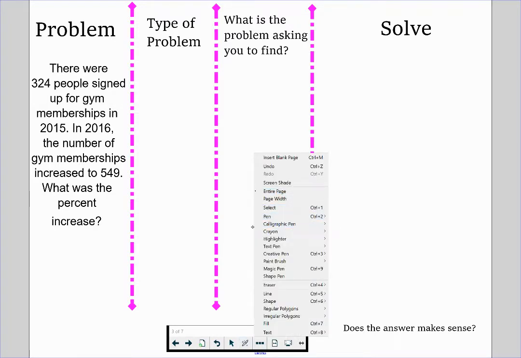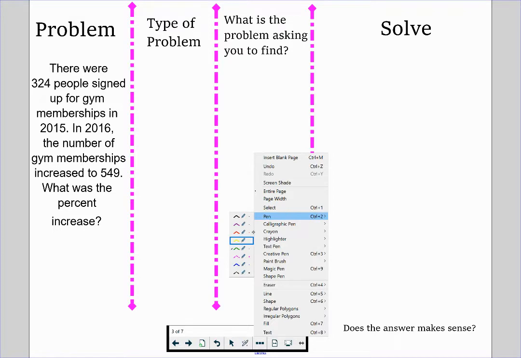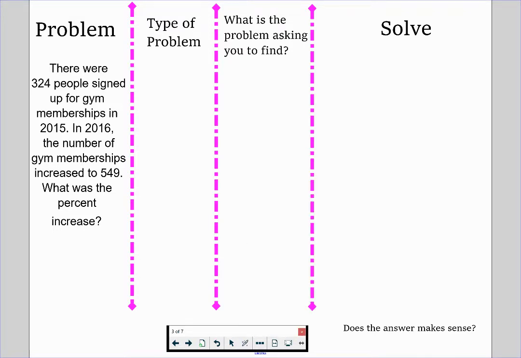On this one, we are told really what we're supposed to be figuring out. The type of problem is listed right here. The type of problem that we're doing is a percent increase. So we're going to be using the percent increase steps when we're calculating that percent change.